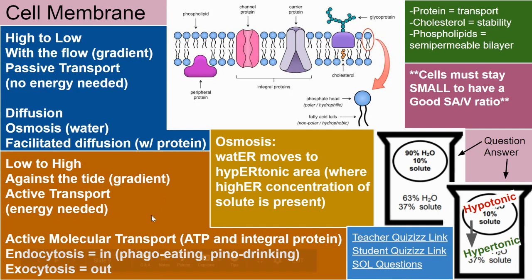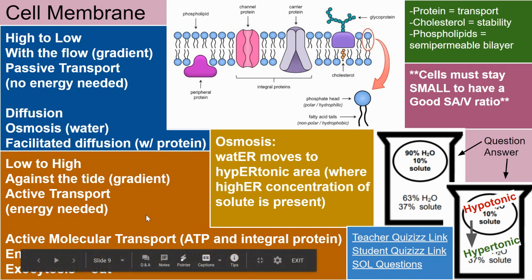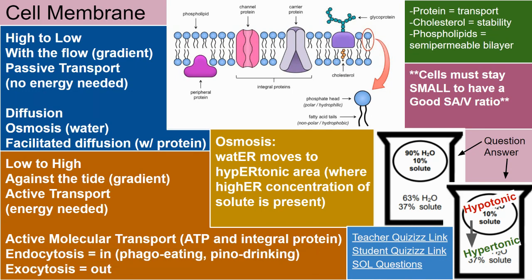We talked about several different ways that happens. There was active molecular transport, which uses an integral protein but also uses ATP energy, which was made during cellular respiration. We've also talked about endocytosis, which is when materials move in large chunks. Actually, it requires the cell membrane to kind of wrap around those materials and bring them in. Phagocytosis is when the cell eats kind of larger particles.